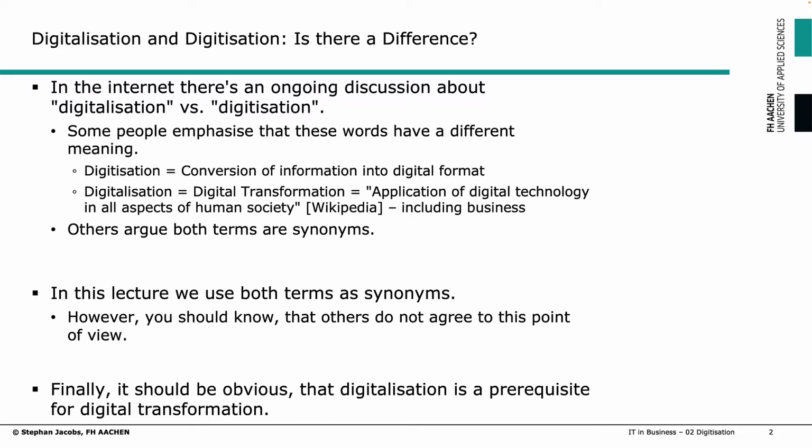So digitalization is nowadays the term for moving from analog to digital data, and digital transformation is more the one where you have a transformation of business models, and so on. This lecture today is about digitization, so it's about moving from an analog representation to a digital one.